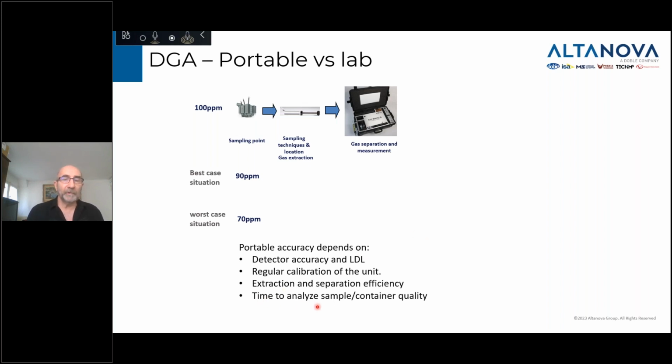And again, the time to analyze a sample and the container quality. Container quality is very important, especially if you're using a syringe. There are different types of syringes, and how tight they are at the piston is where you usually lose a lot of gas. Also, how fast do you transfer the oil from the container to your equipment?